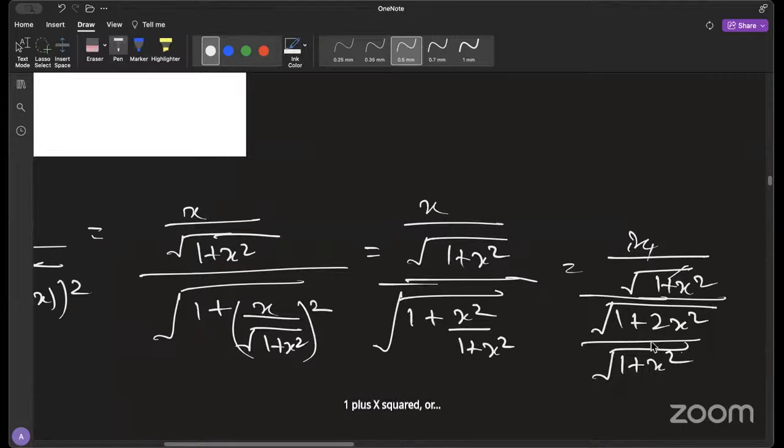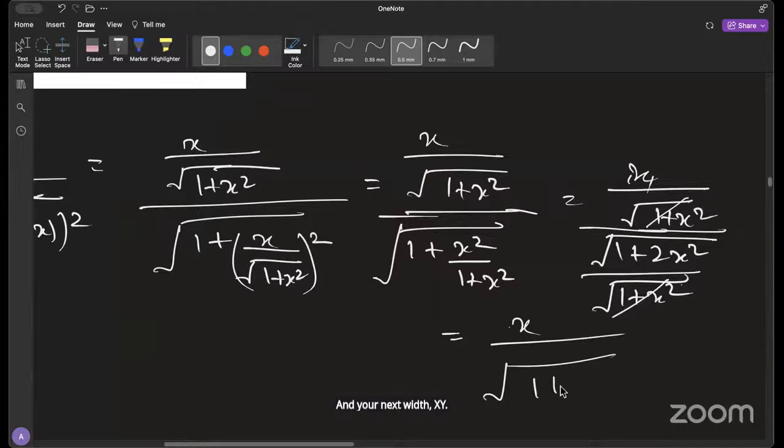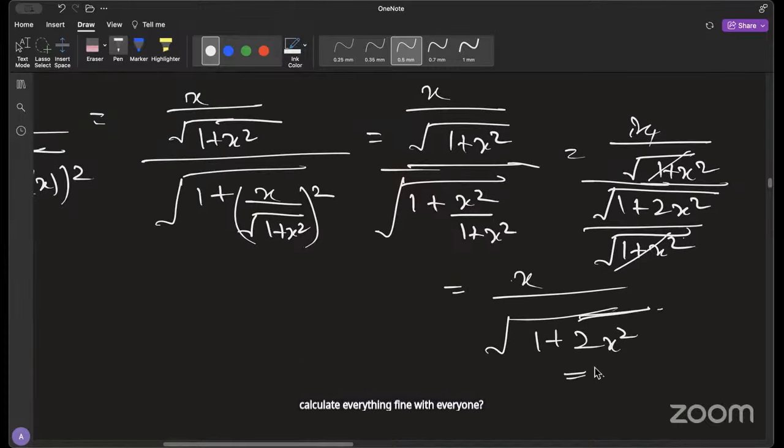So this one and this one get cancelled, and you're left with x over square root of 1 plus 2x squared. Calculation, everything fine with everyone?